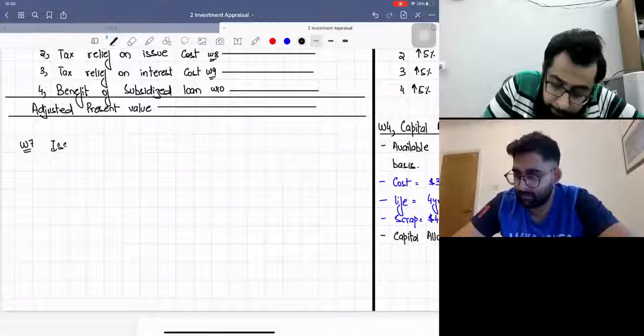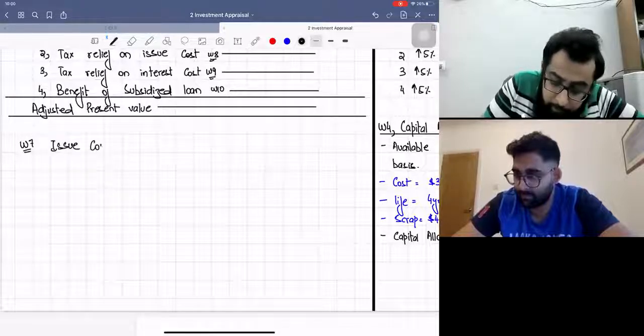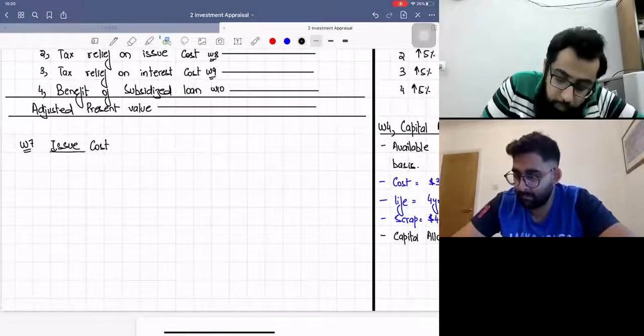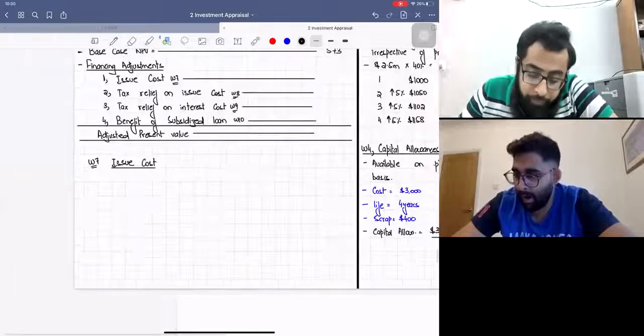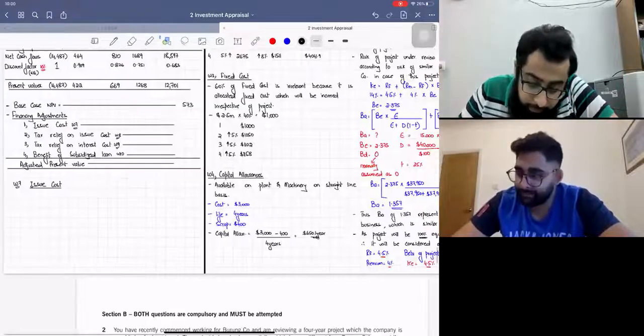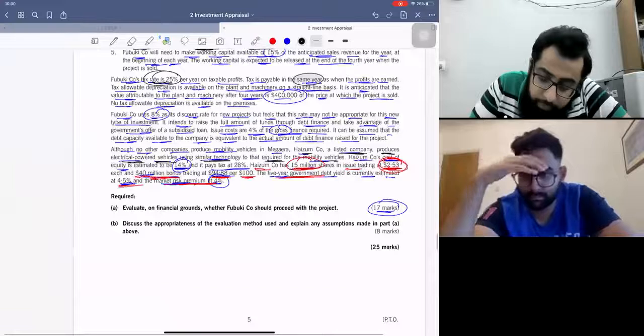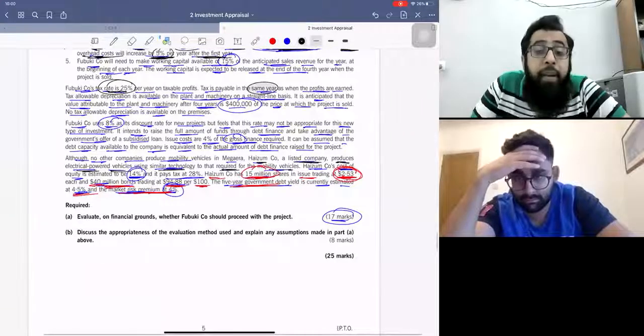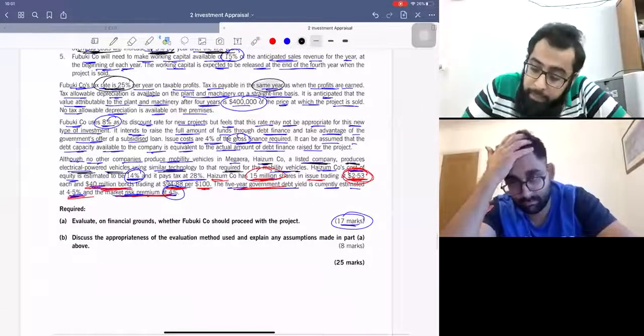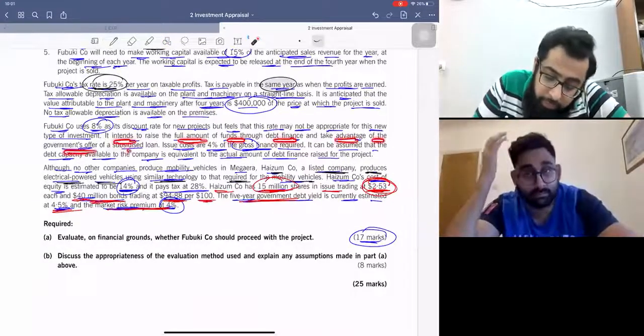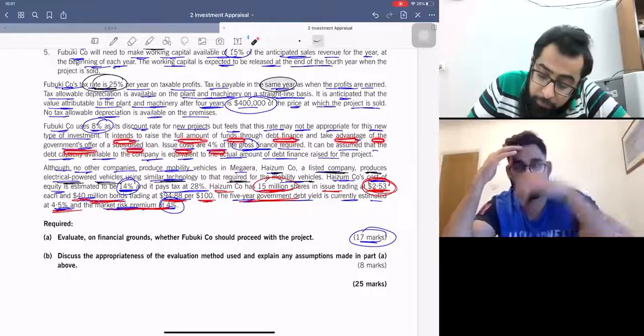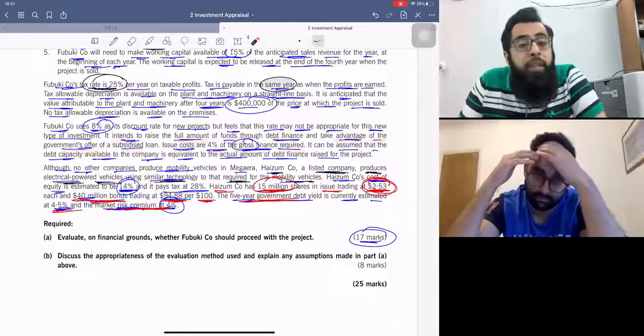Issue cost. Now, what about this issue cost? Let's look at it. Here he says, it intends to raise full amount of funds through debt finance and take advantage of the government offer of subsidized loan. Issue cost of 4% of the gross finance required.